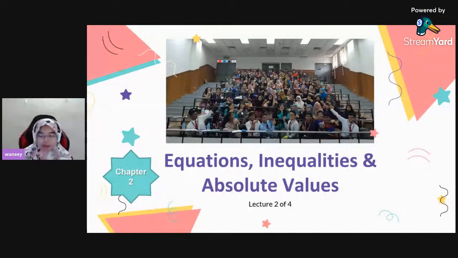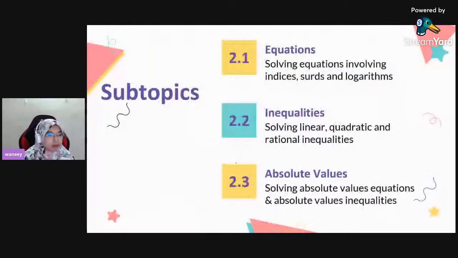Selamat pagi. Okay, so now last time we have learned about equations. So we have done 1 hour on the equations. So what we are going to do next is about the inequalities. Okay, so done with equation.